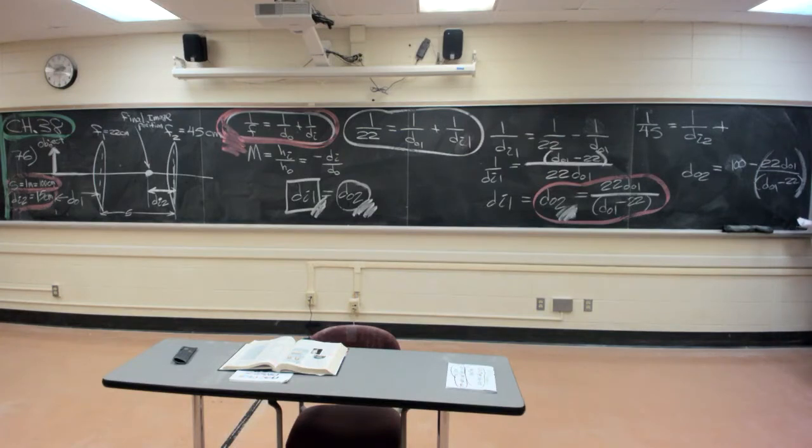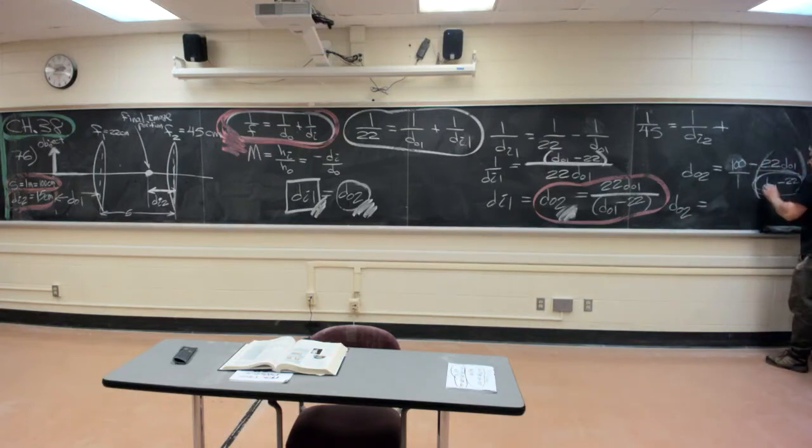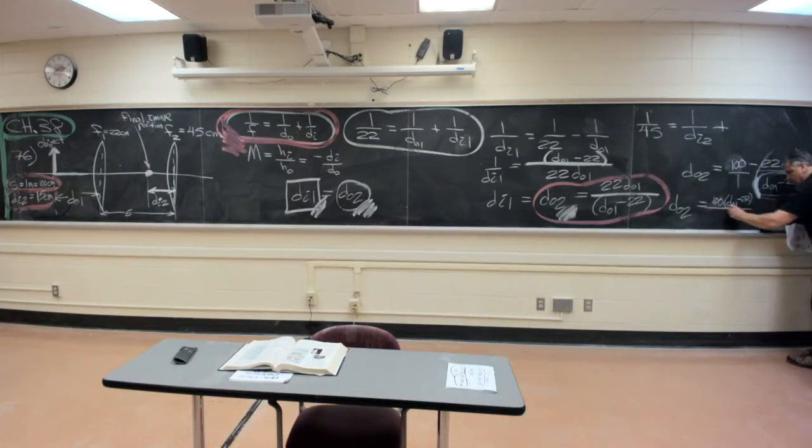Well, then you've got to get a common denominator here. This denominator is 1, so you multiply by the denominator, do1 minus f1, top and bottom, and you get 100 times (do1 minus f1) over (do1 minus f1).